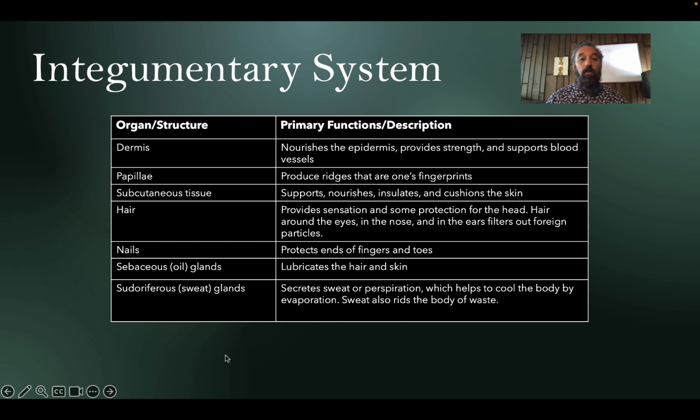The dermis is made up of two layers: the papillary layer and the reticular layer. But it is underneath that. You will see a combination of Greek and Latin in the integumentary system, because subcutaneous is using Latin.